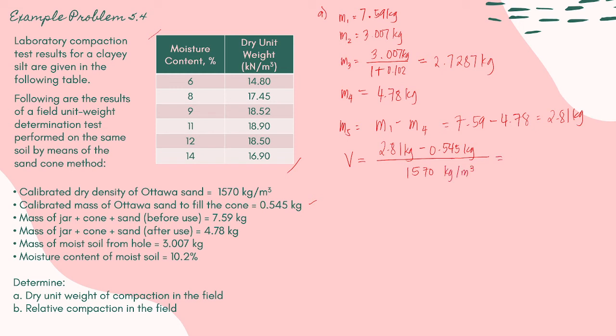So the volume of the test hole is equal to 1.4427 times 10 raised to negative 3 cubic meter. So we already have the dry mass of the soil from the hole, and we already know the volume of the hole.